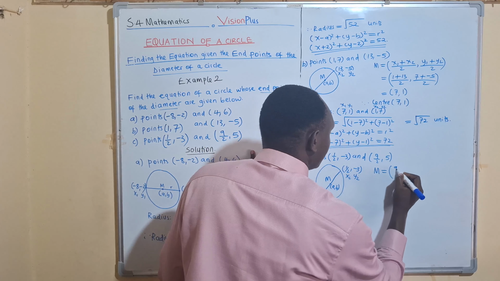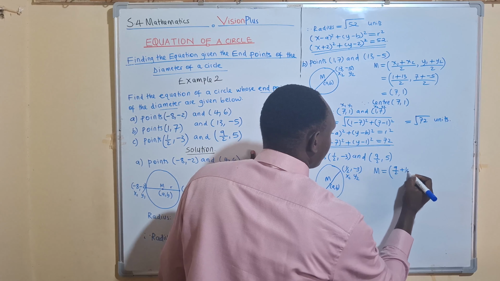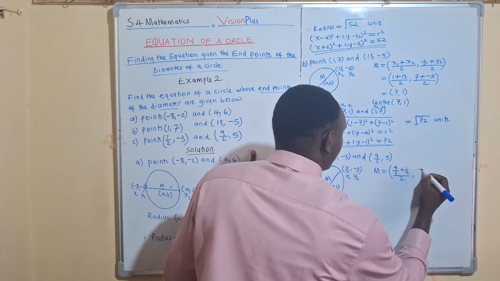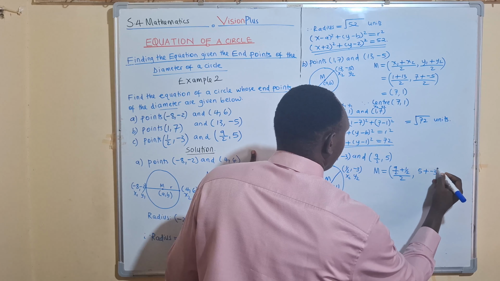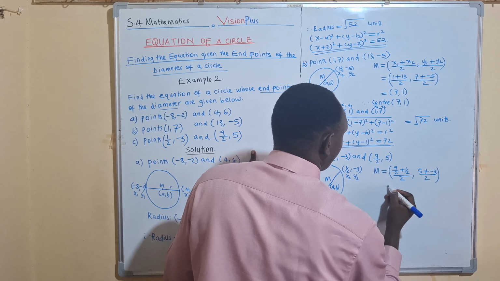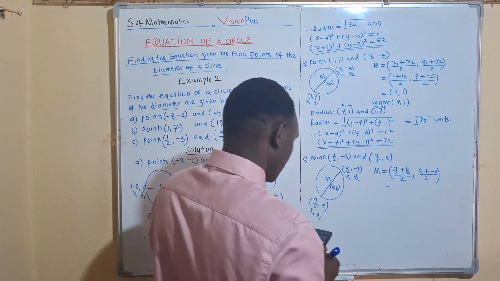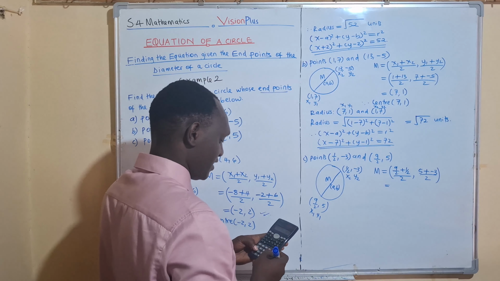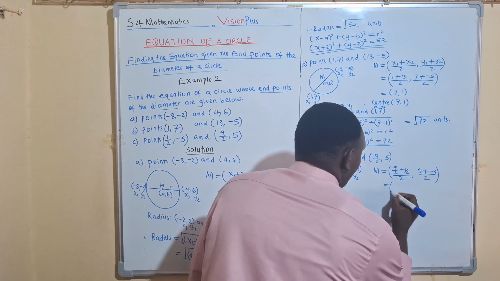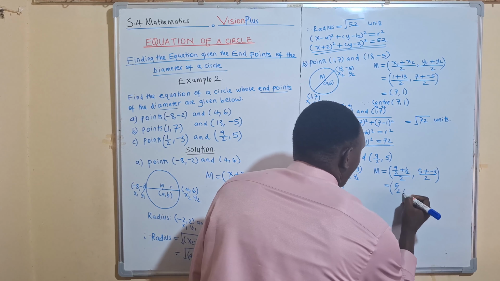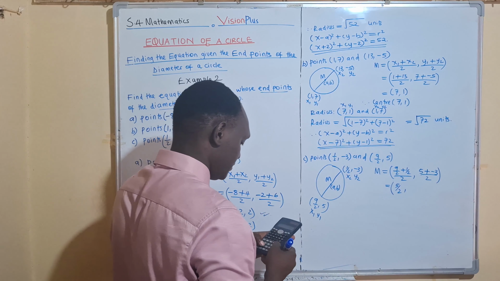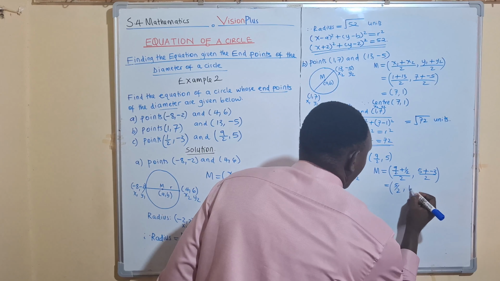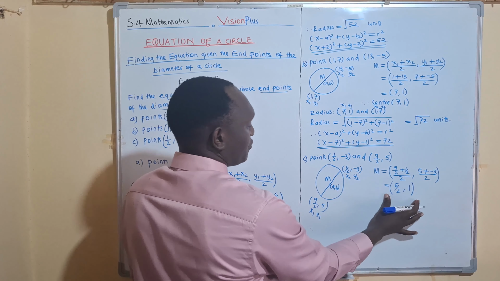That means we shall have 9/2 plus 1/2, but we are dividing by 2 in the formula, comma, y1 is 5 plus y2 is negative 3, but we are dividing it by 2. Then we use the calculator. 9 divided by 2 is 4.5 plus 0.5, divided by 2. So for this point I'm getting 5/2, comma, 5 plus negative 3 divided by 2, and then for this point I'm getting 1. So these are the coordinates of the center.